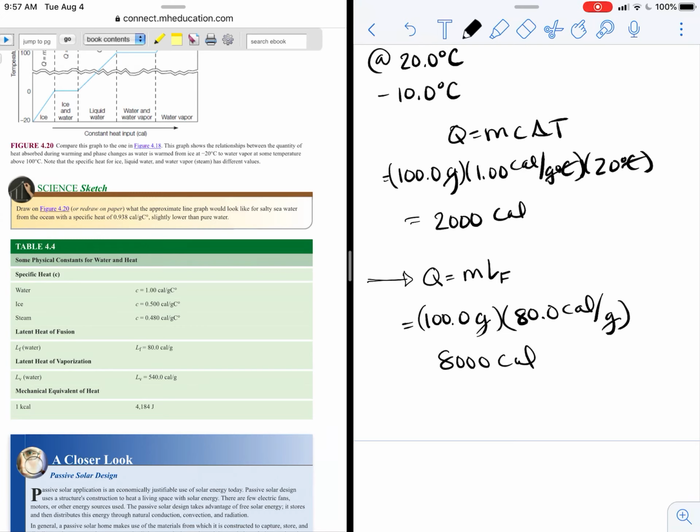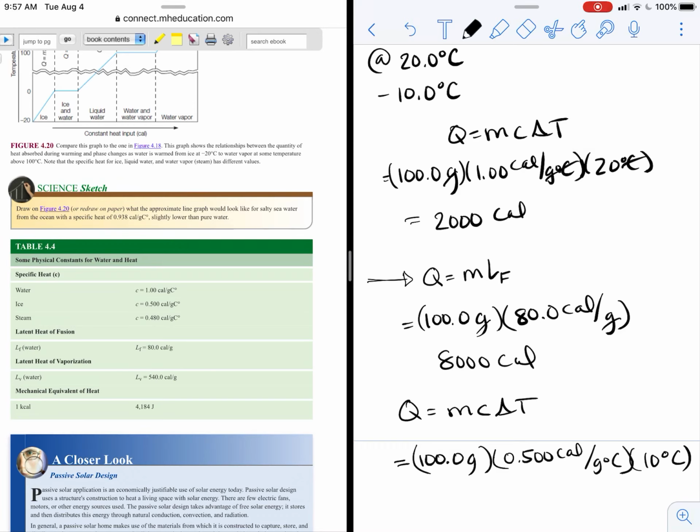Okay? Now we've got to go for the rest of it. So we still have 100 grams. It's just ice now. And what's the specific heat for ice? It's 0.5 calories per gram degree Celsius. And our change of temperature now is from 0 to negative 10, so basically just 10 degrees.